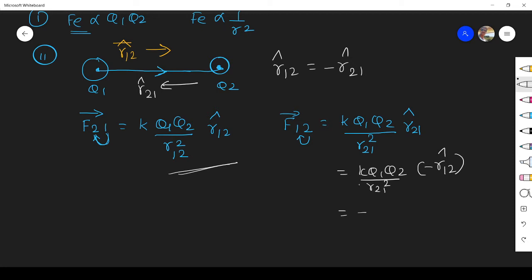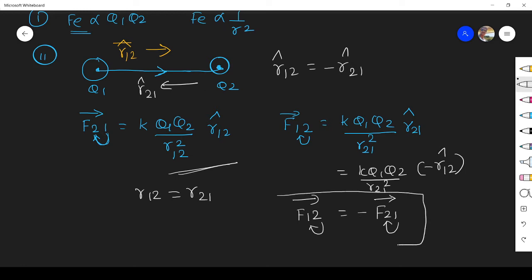R21 or R12, both are the same distance: R12 is the distance from 1 to 2, R21 is the distance from 2 to 1. So instead of R21 squared, I can write R12 squared. That gives F21 equal to minus F12. That means the force from 2 to 1 is exactly opposite to the force from 1 to 2.